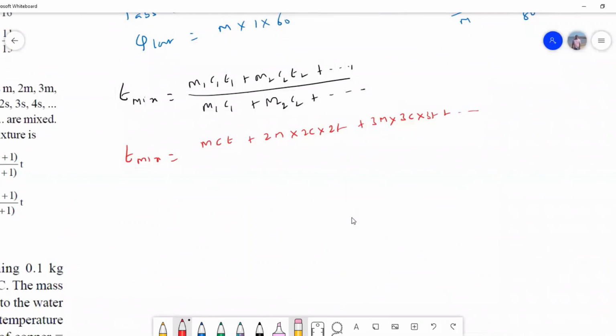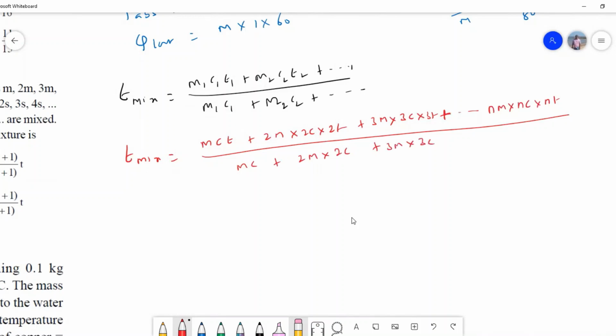For the nth liquid, if you look at here, Nm into Nc into Nt, whole upon Mc plus 2M into 2C plus 3M into 3C plus so on, Nm into Nc.